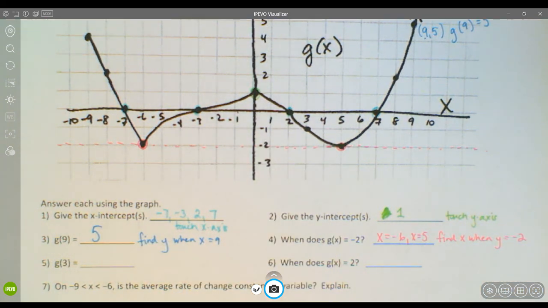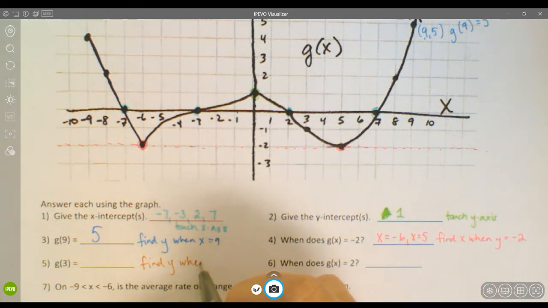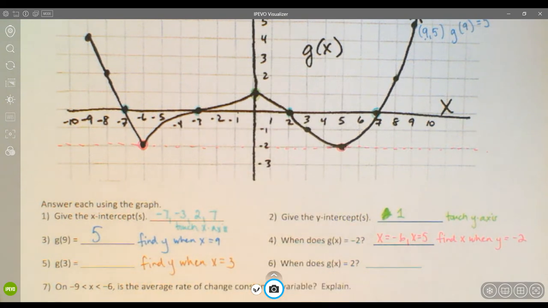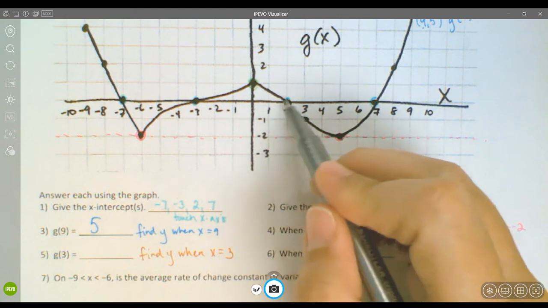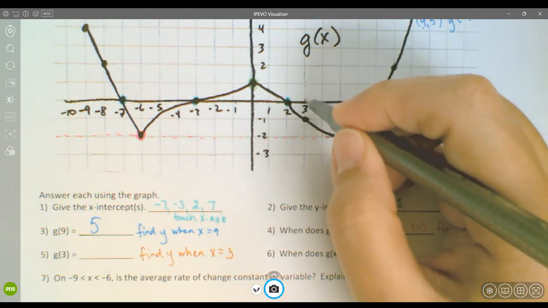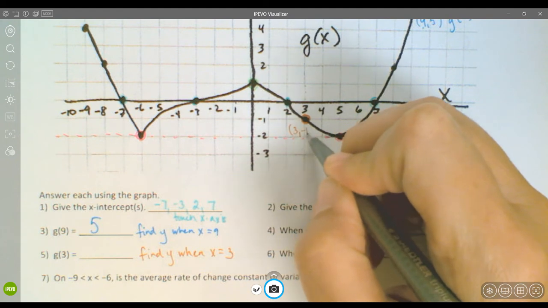Now I am asked to find g of 3. So I need to find y when x equals 3. x equals 1, 2, 3 right here. Where's my ordered pair? That ordered pair is (3, -1).